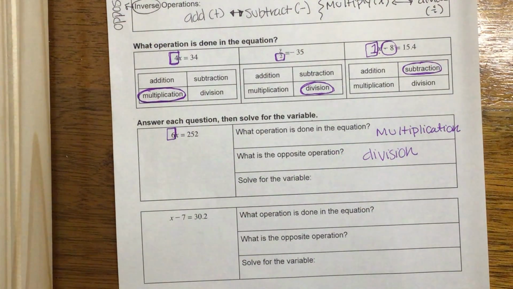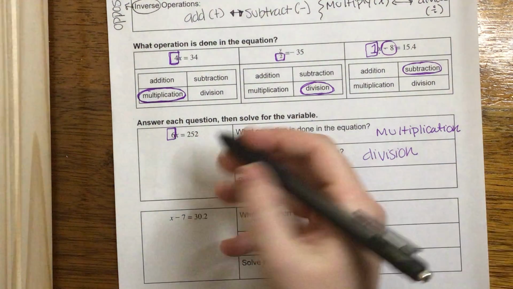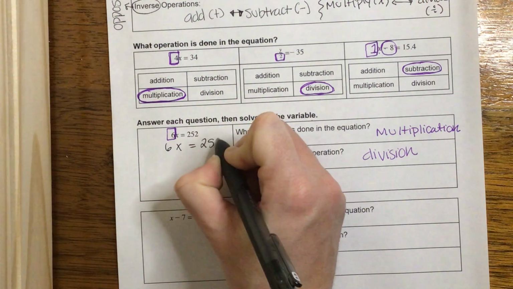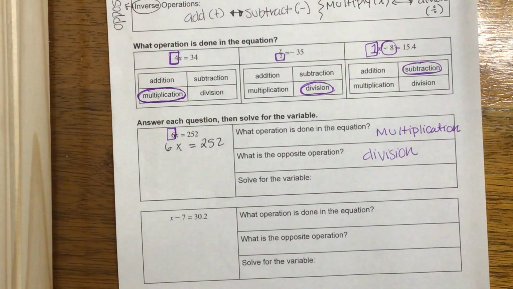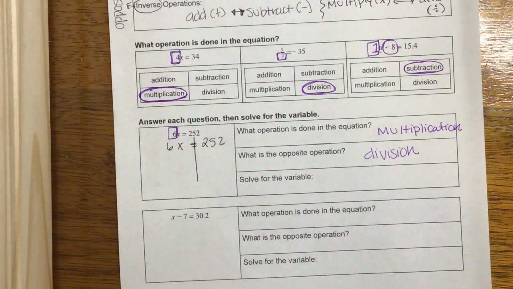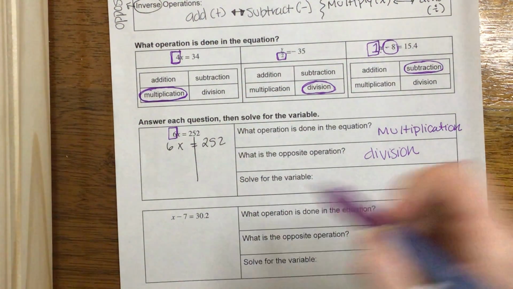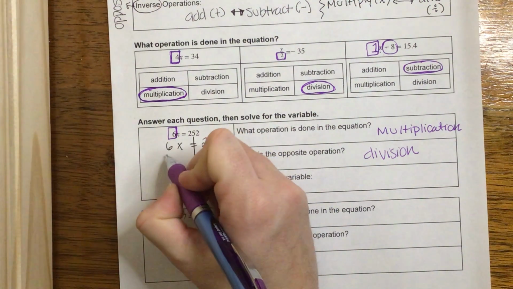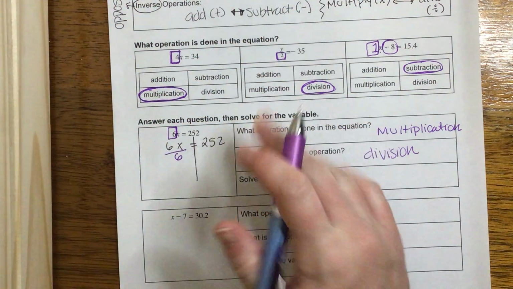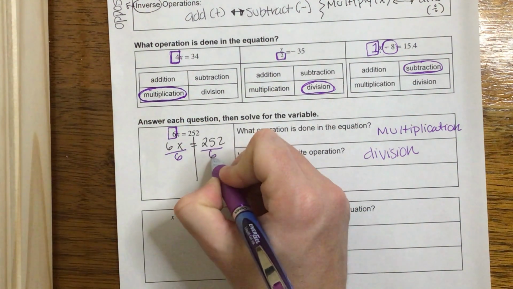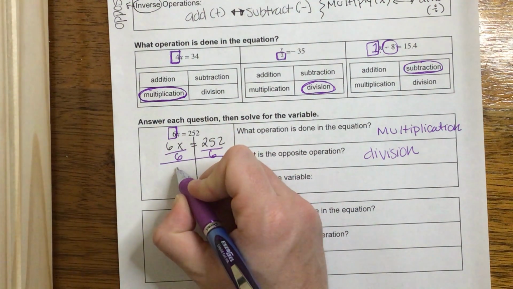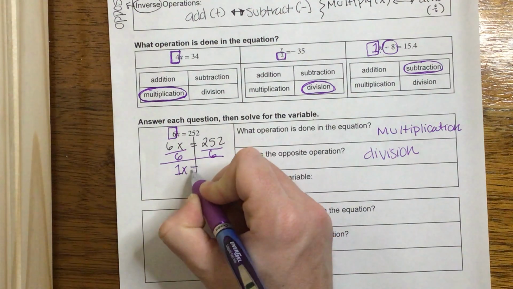I'm just going to rewrite it. You don't have to, but I like to rewrite it a little bit bigger. Okay, so 6x equals 252. Draw a line through your equal sign. The opposite of multiplying by 6 is dividing by 6. What I do on one side, I have to do on the other side. 6 divided by 6 is 1, so I get 1x.